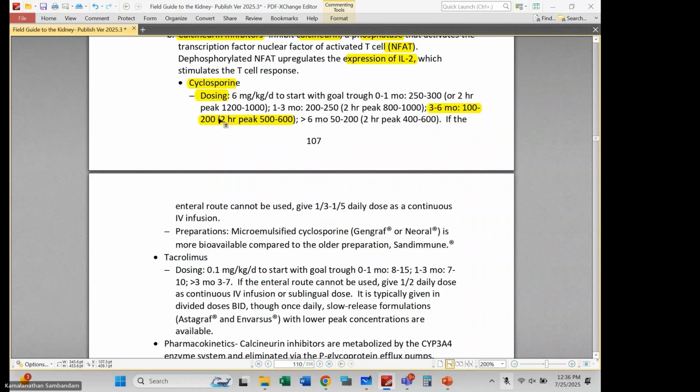There is a literature for monitoring 2-hour peaks for cyclosporin. I'd say that's atypical, but some people monitor peaks. In general, we're using 12-hour troughs to dose cyclosporin and tacrolimus. That's really important. You have to educate your patients.